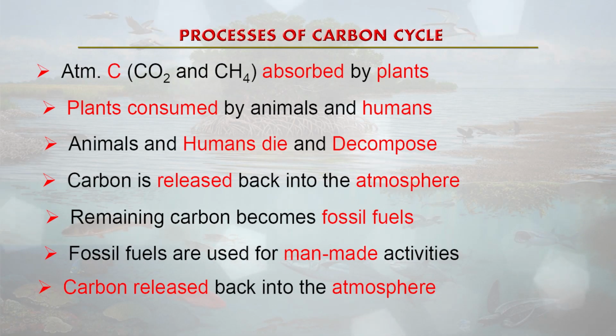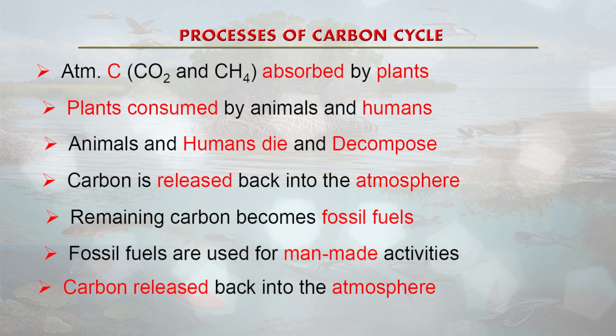The processes of the carbon cycle involve these stages: atmospheric carbon, which has carbon dioxide and methane. This is absorbed by plants, and the plants are consumed by animals and humans. Animals and humans die and decompose, by which carbon is released back into the atmosphere, and the remaining carbon becomes fossil fuels.